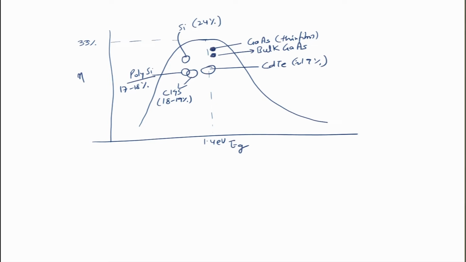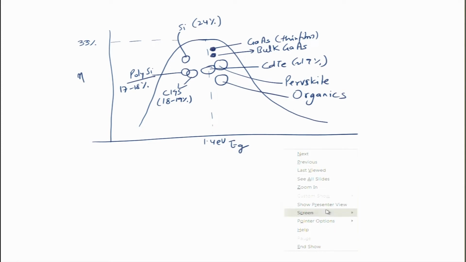These are approximate numbers, and then we have perovskite, which has already approached 20%. So, perovskite would be somewhere here. Organics are lower, around 13-14%, although there are reports of 15% nowadays.